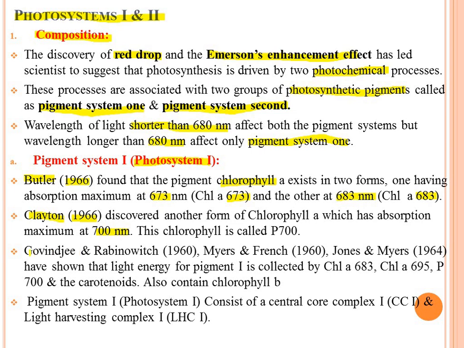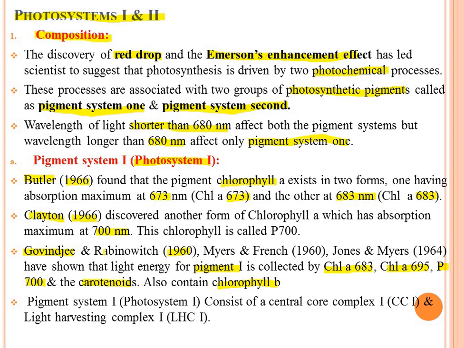Then the next scientists, Govindjee and Rabinowitch in 1960, Myers and French in 1960, and Myers in 1964, have shown that light energy for pigment system 1 or photosystem 1 is controlled by chlorophyll A 683, chlorophyll A 695, and also P700 nanometer, and the carotenoids also contain chlorophyll B. This is according to Govindjee and Rabinowitch.